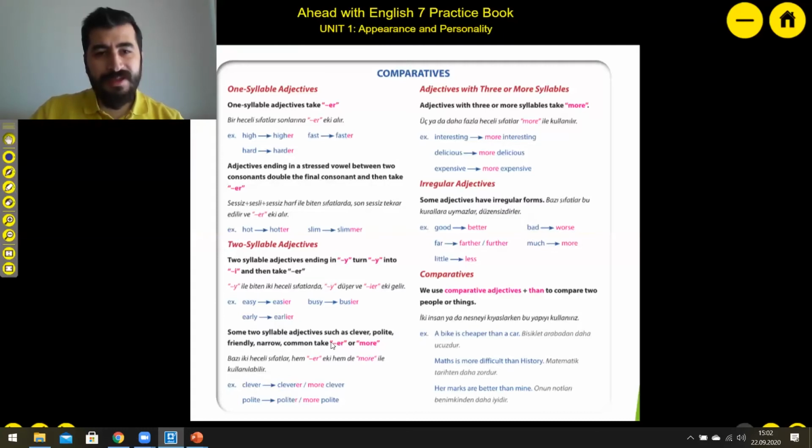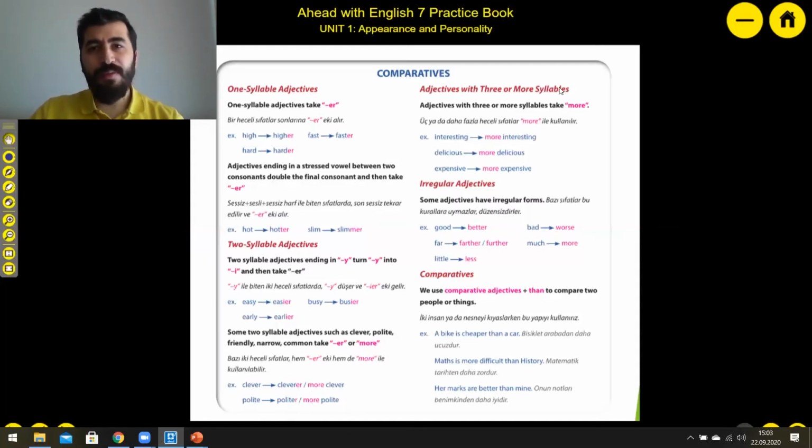Some two-syllable adjectives such as clever, polite, friendly, narrow, common take ER or more. You can use ER or more together. Clever, cleverer, more clever, it's okay also. We will learn more in this part. Polite, politer, it's okay. And also you can use more polite.